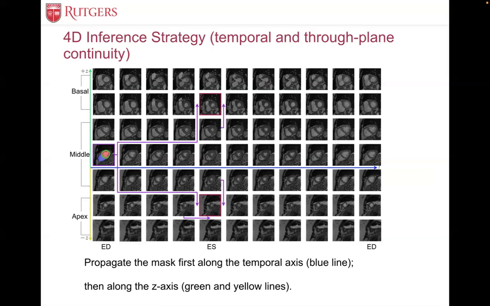This is reasonable because at the middle level, the heart anatomy structures are almost consistent in the full cardiac cycle. However, at the basal and apex regions, the heart anatomy structures can greatly vary from time to time.